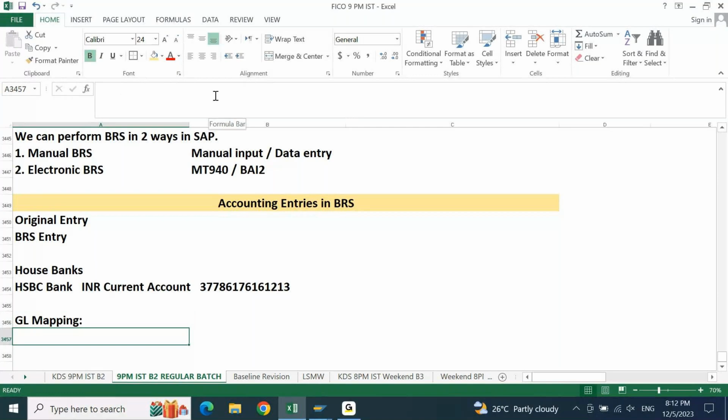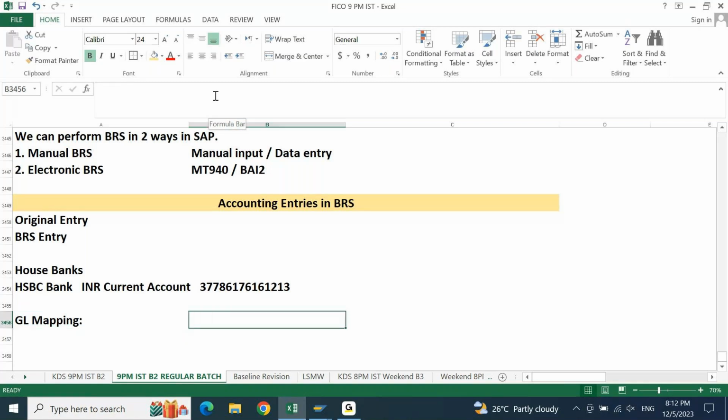In house bank, we are calling something as GL mapping. When we are talking about GL mapping, we are representing main bank account and sub account.